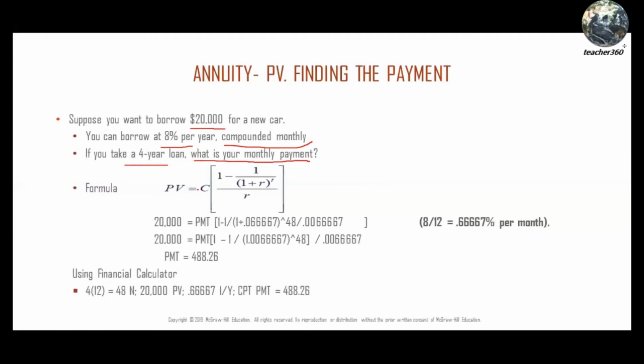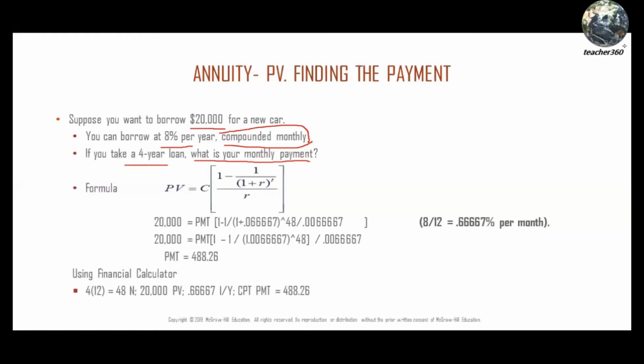Using the present value of annuity formula, your present value is $20,000, your discount rate is 8%, and the number of years is 4. You can see here the interest is mentioned as compounded monthly. That means you have to pay interest every month.